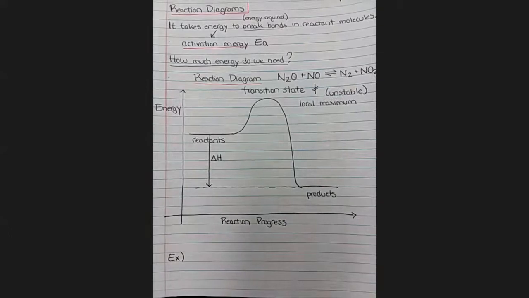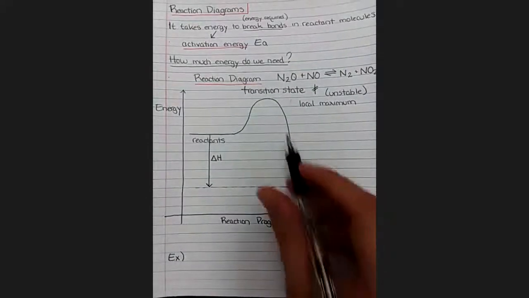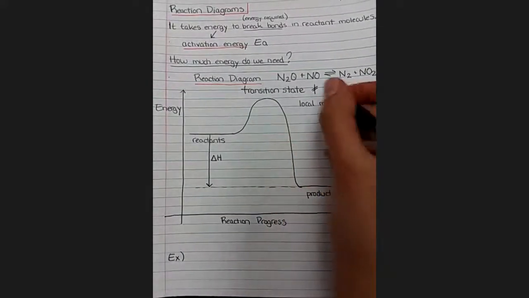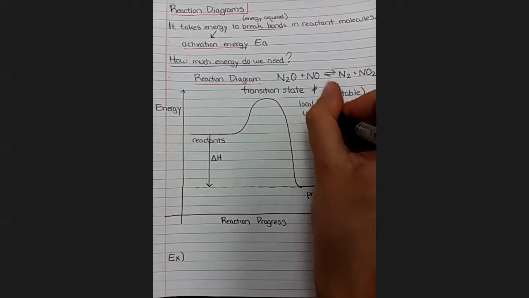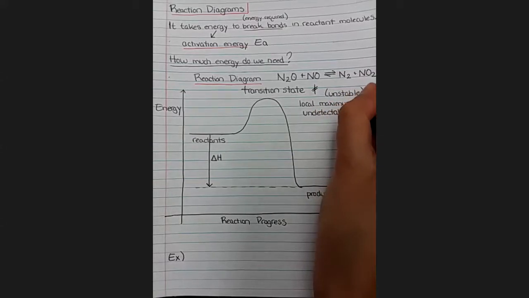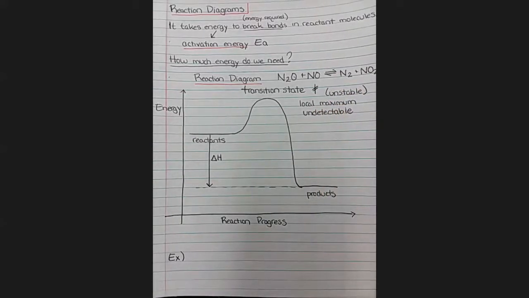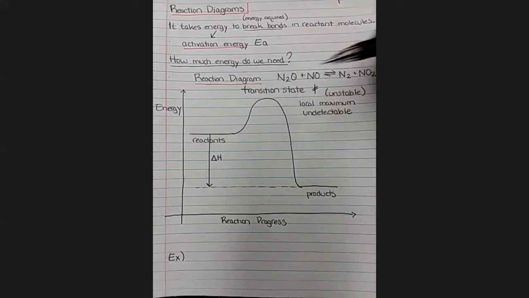So there can be more than one transition state in a process if you have a long reaction to look at, and every one of those maxima is going to be a transition state. And so these are unstable because they're very, very short-lived and they're actually undetectable. So we can't detect these with any sort of spectroscopic instrument. We can't see them with a microscope, but we know that they happen because we know how much energy is required for this reaction to happen.